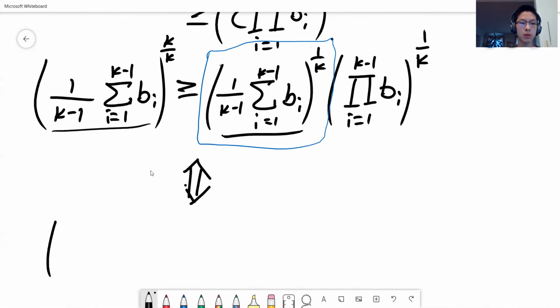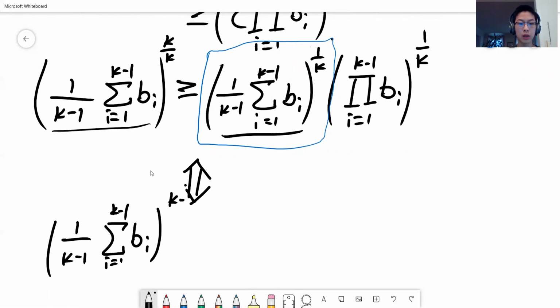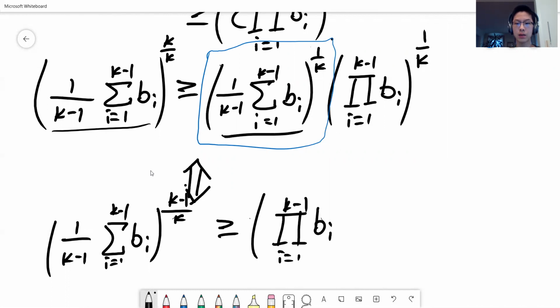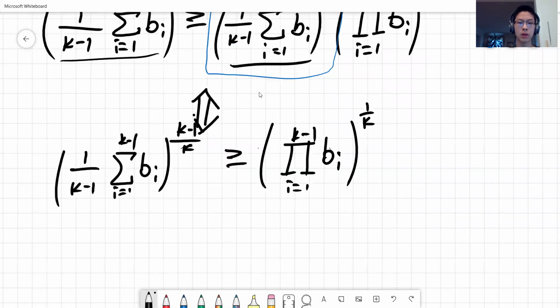We're going to get 1 over k minus 1 times the sum of the bi's, to the k minus 1. Aha, here's where k minus 1 appears in the exponent, finally. It's going to be greater than or equal to, since this thing got divided out, the sum from i equals 1 to k minus 1 of the bi's, and then to the 1 over kth power.